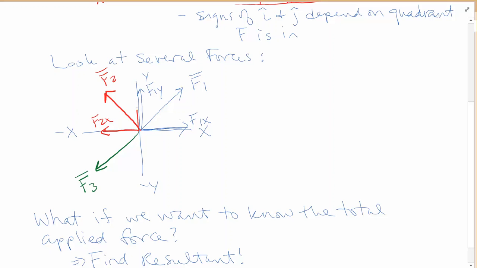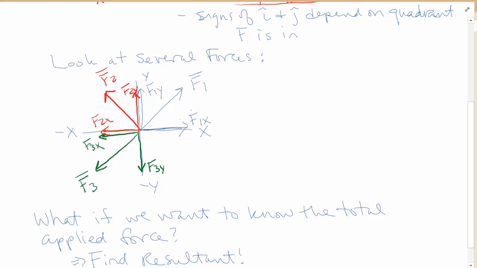And then the y component will be pointing upward. Let's call that F2y. And finally F3. F3 is pointing to the left, so our component will be going to the left. We have F3x, and then the force vector is pointing downward, so the y component, F3y, will also point downward.